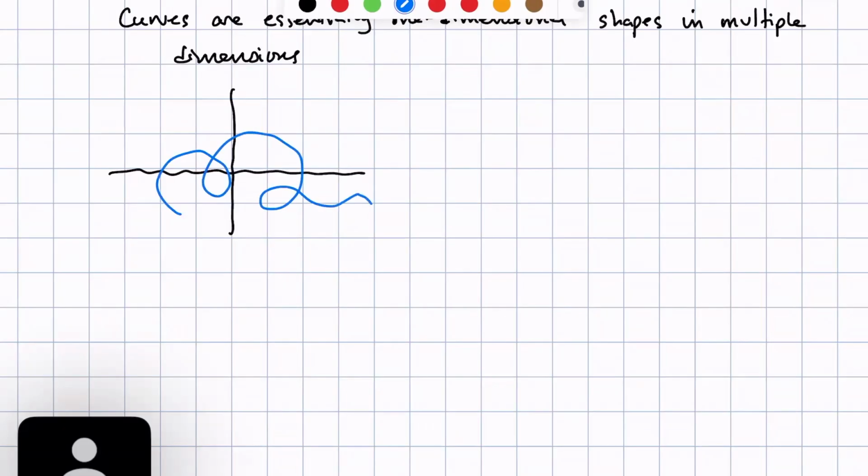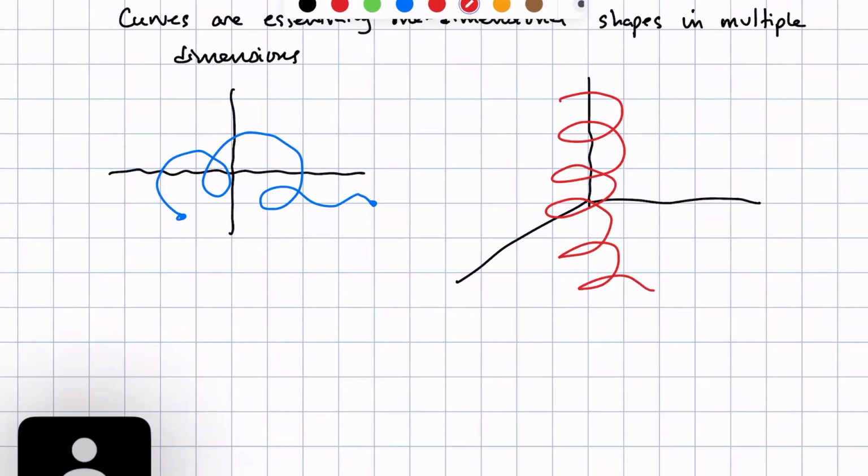Here's a curve. It has a starting point and an ending point. The starting point and the ending point may be the same. Or in 3 dimensions, I might have a curve that looks like this, and it could stop. It might have a beginning point and an ending point, or it can go infinitely in both directions. That's also possible.